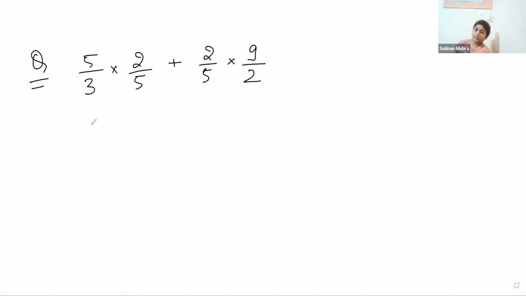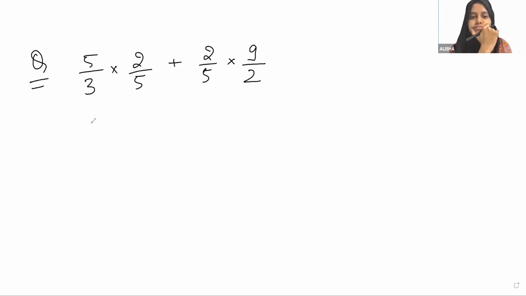Your associative is for 3 numbers. So 5 by 3 into 2 by 5 in a bracket and then 2 by 5 into 9 by 2. This is for 4 numbers.